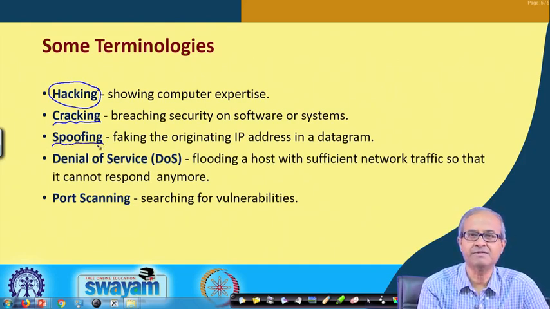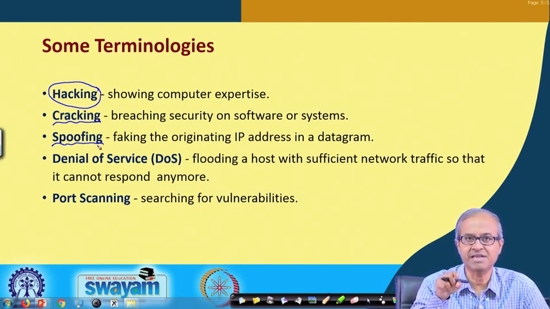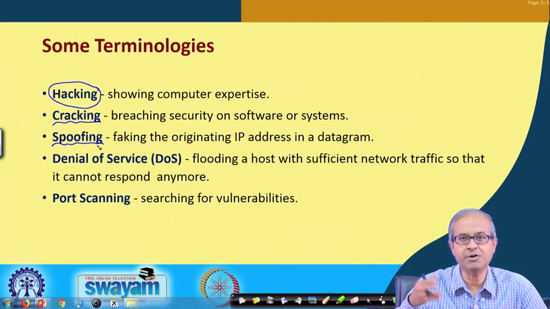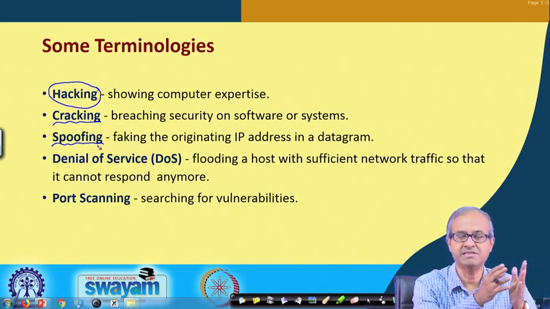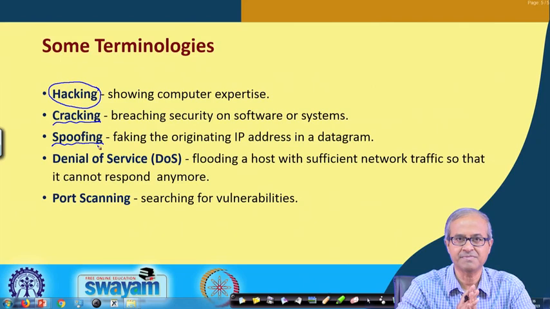Spoofing is a kind of attack where the person who is attacking is trying to falsify his or her identity. Suppose I am trying to enter the system, but I am not telling who I am; I am telling I am Mr. X, and Mr. X is somebody else, right.